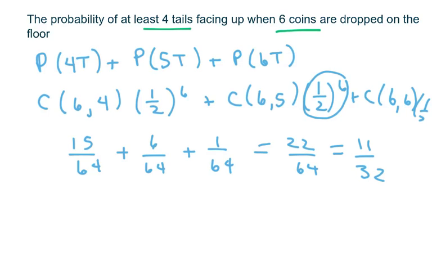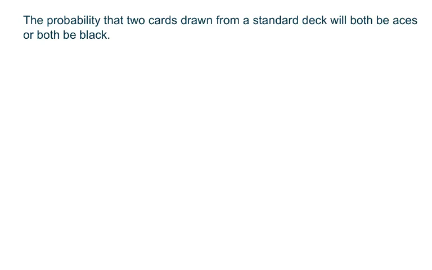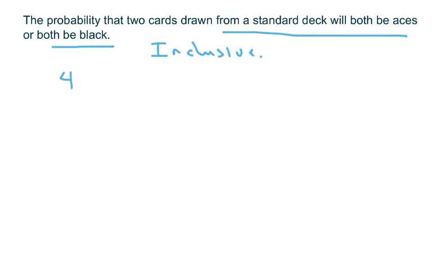Okay. The probability that 2 cards drawn from a standard deck will be aces or both be black. So this is inclusive. So for them both to be aces, that's going to be 4 out of 52 times 3 out of 51.